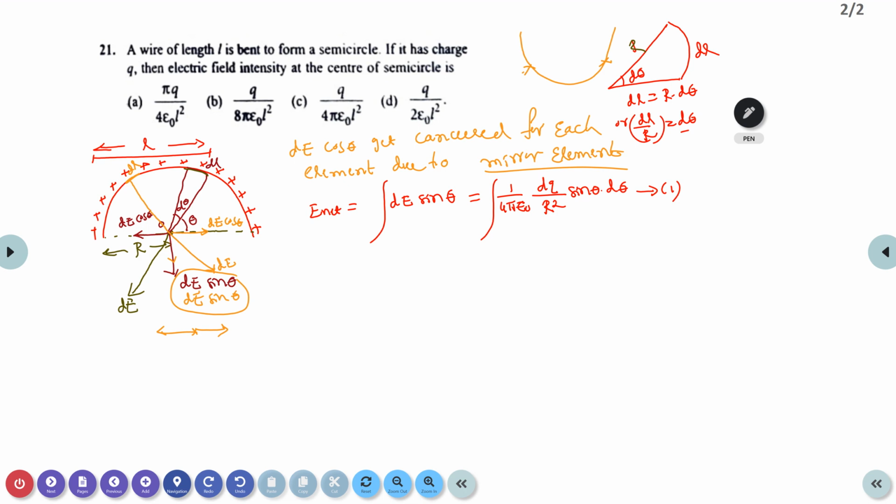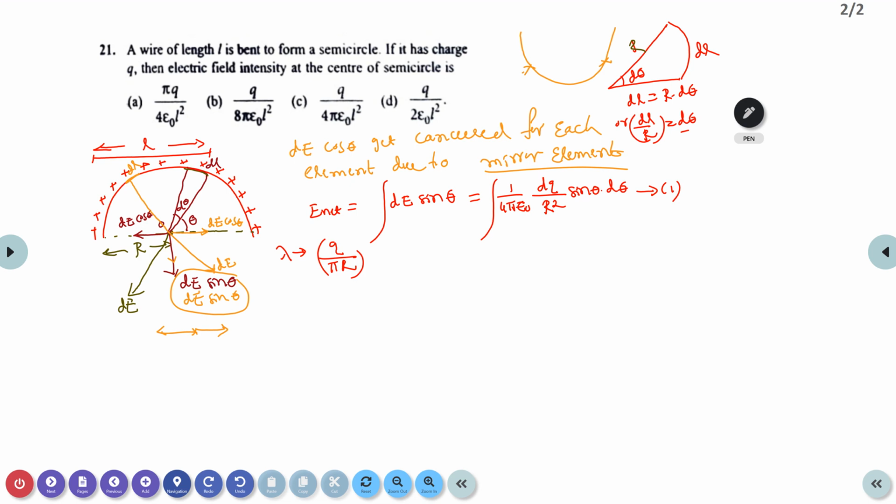Next, here it has charge Q, then electric charge per unit length, lambda, is called the linear charge density. How are you writing it? Q divided by pi r, that is total charge divided by total length, because the total length of the semicircle is pi into r.